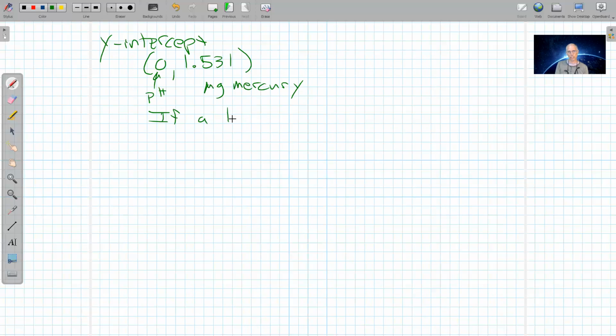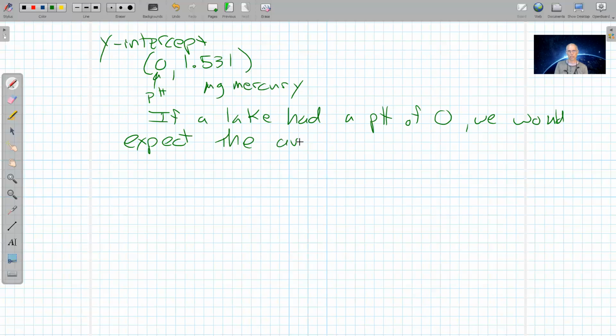So if a lake had a pH of 0, you would expect the average fish to have about 1.531 micrograms, sorry about that, of mercury.